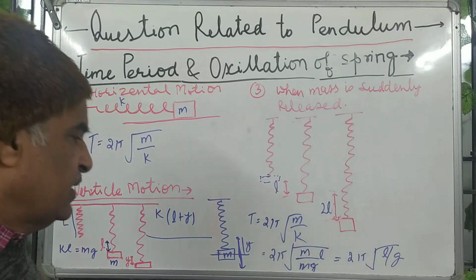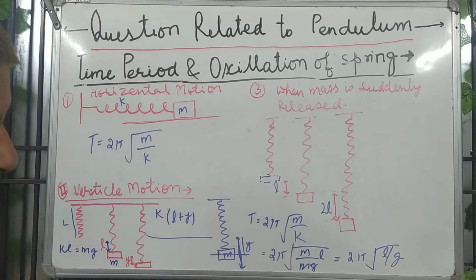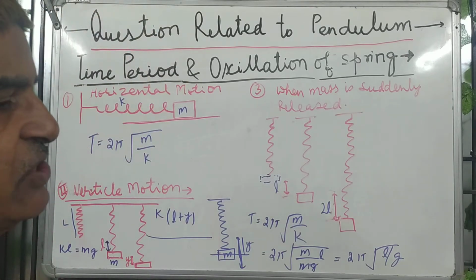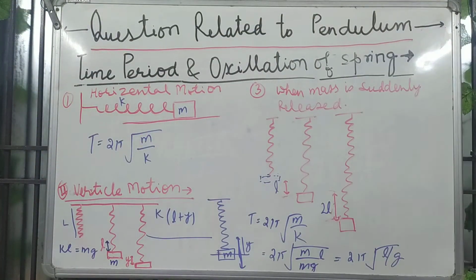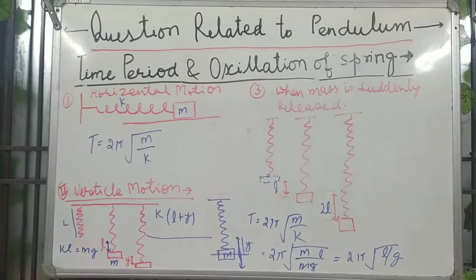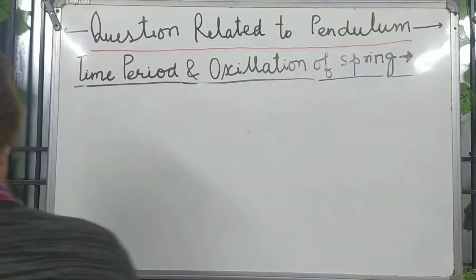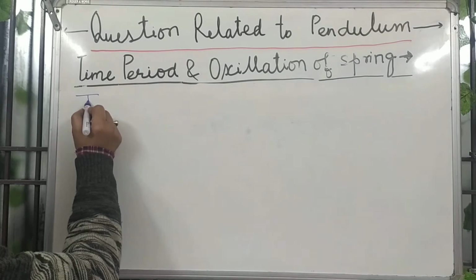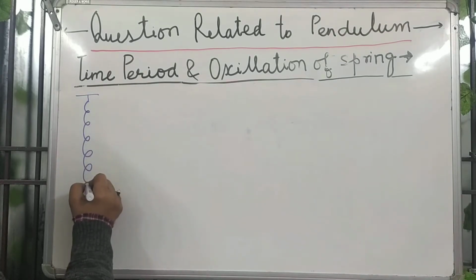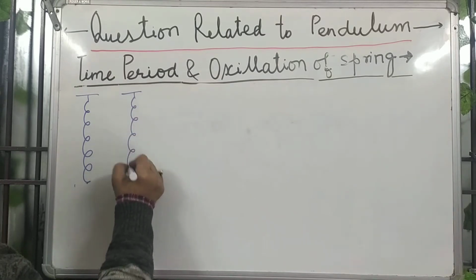Now other cases of the spring that I am going to teach you are the parallel combination and series combination of the springs. So please clear it. Now the question is this, that this is a spring and a mass is hanged.